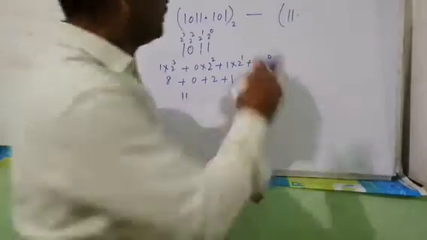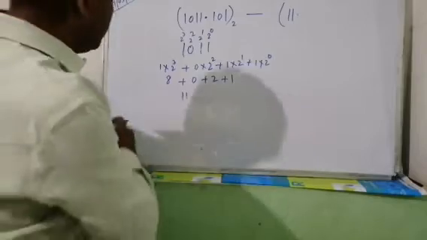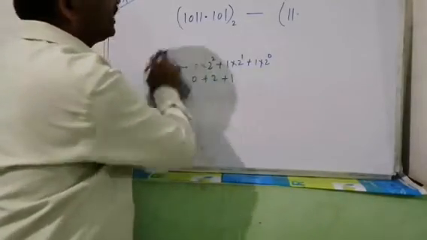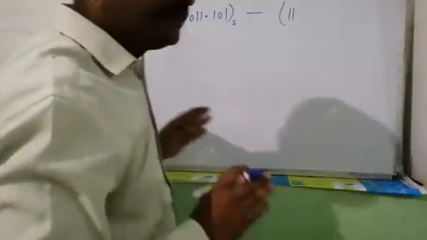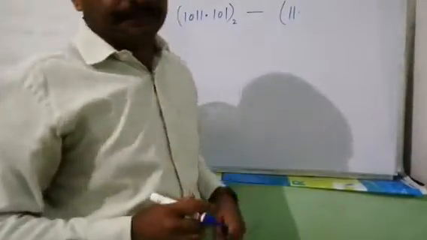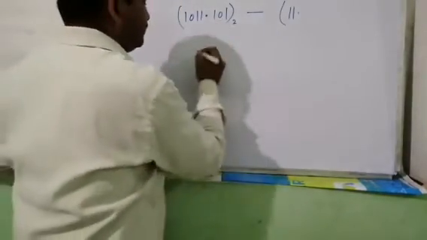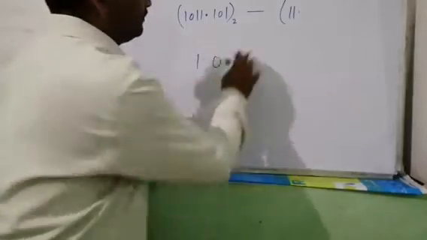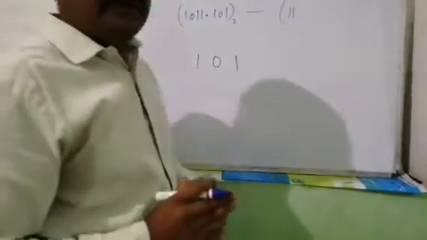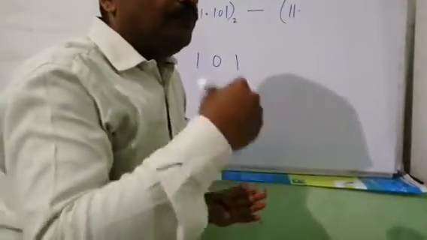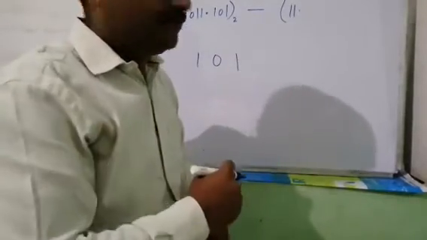Now we have to calculate the binary digits which are written after the decimal point. Whatever digit is written after the decimal point in the binary number system also carries a certain weight. The number is 101. In this, we have to write the weight related to the position from the MSB.